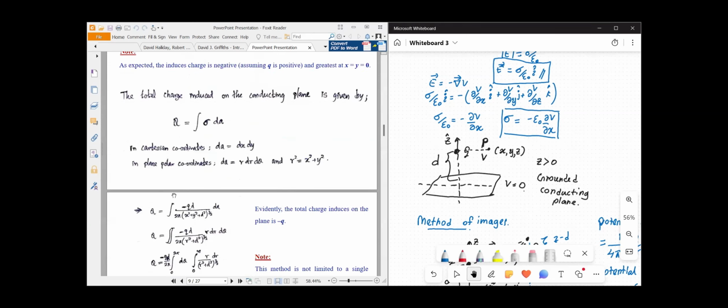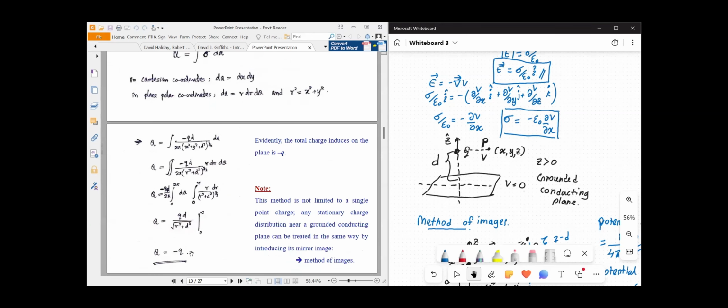And the total charge we obtained is equal to minus q. So when we have a plus q here, then due to this grounded conducting plane, a negative charge will be induced on it. So that is what we have calculated here.